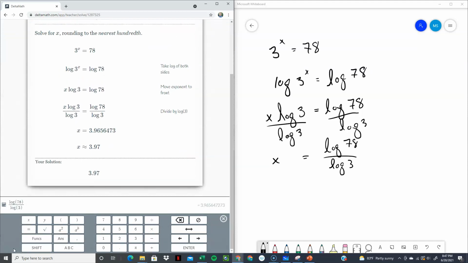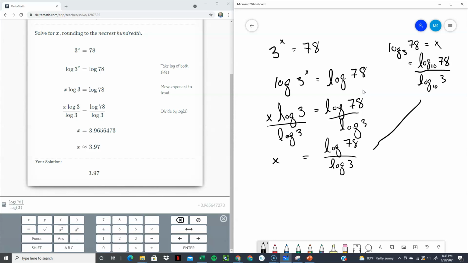All right. So I just want to note that this is the same basic principle as what we were doing before. If you rewrite this in log form, the way we were solving these before, we'd say x is equal to log base 10 of 78 divided by log base 10 of 3. Same basic idea.